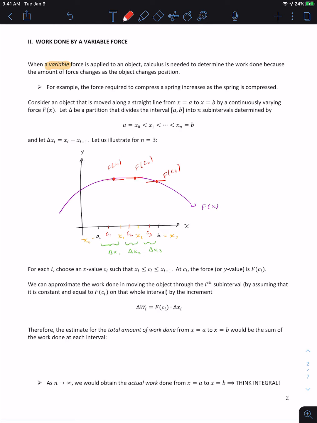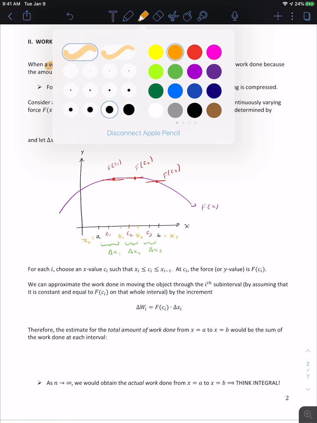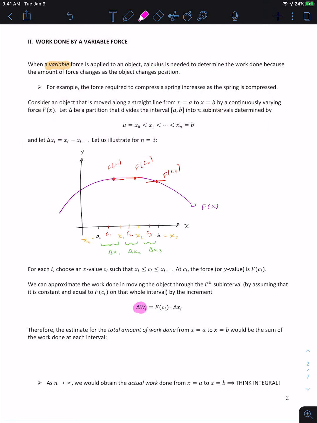Well, if the force is constant, we know the formula for what the work should be on that interval. So we're going to call the work on that interval W sub i. All right, so let's write it in pink here. And what is the work W sub i? Well, remember, work is just force times the distance.